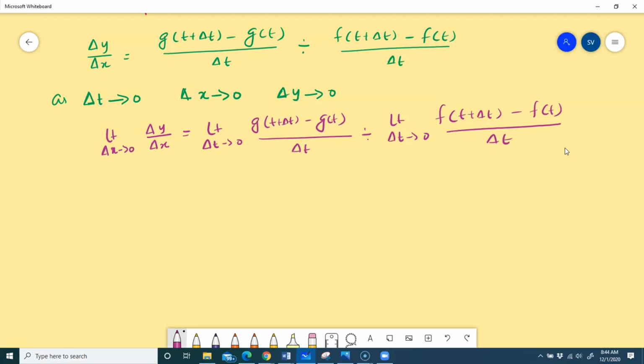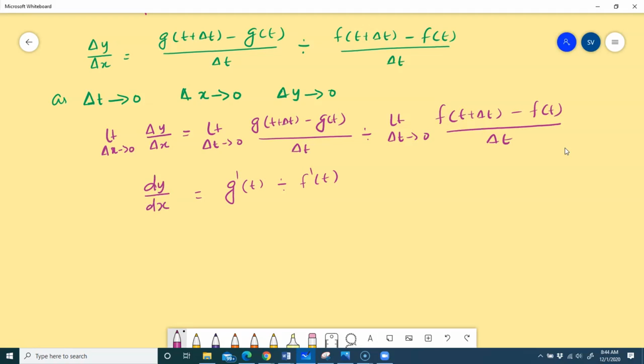And this is equal to, from that knowledge, g dash t divided by f dash t. So limit delta x tends to 0, delta y by delta x, what is that? That is dy by dx. So dy by dx is equal to g dash t divided by f dash t.